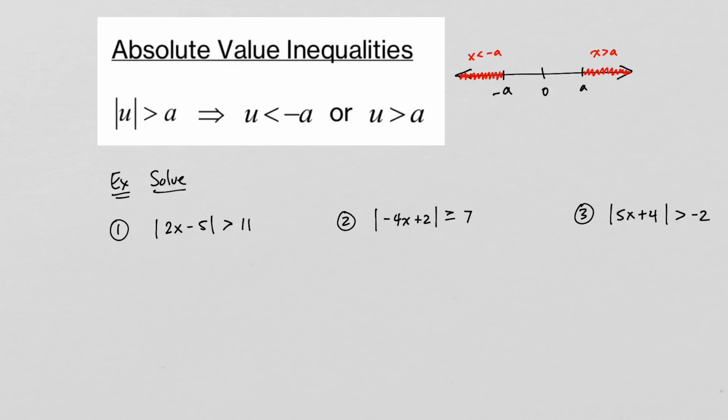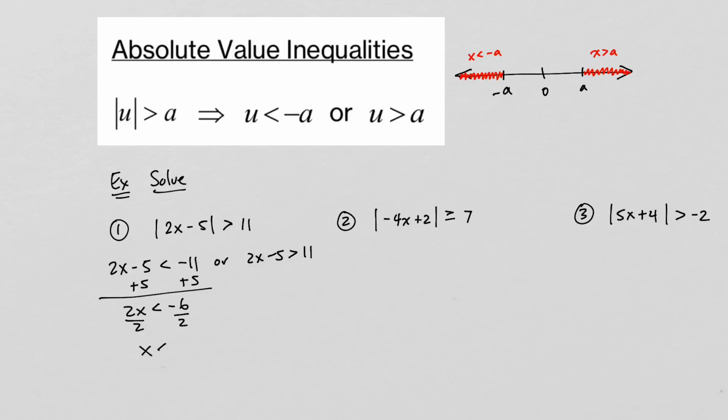So for example, if the absolute value of 2x minus 5 is greater than 11, that means one of two things. It either means that 2x minus 5 is less than negative 11, or 2x minus 5 is greater than positive 11. Once you have that set up, it's very simple to solve these. You go through and do the same basic steps that you have been doing when solving linear inequalities.